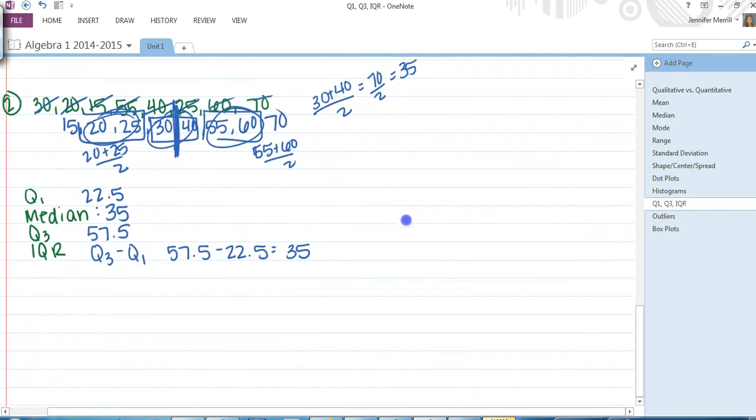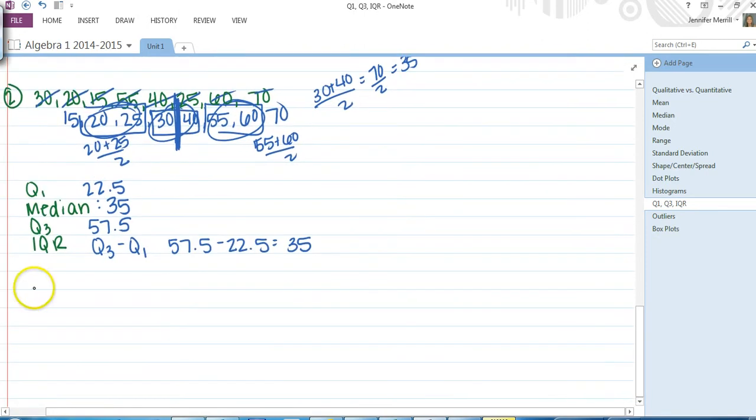If I look at the second example, I'm going to go ahead and look at outliers again. So I have x is less than Q1 minus 1.5 times the IQR.